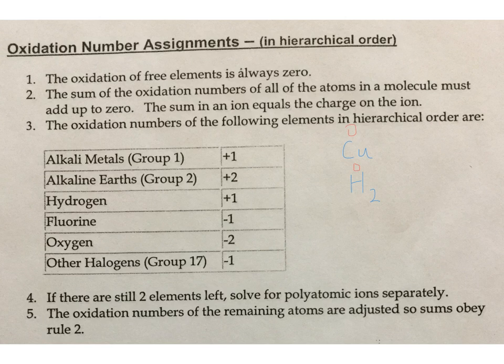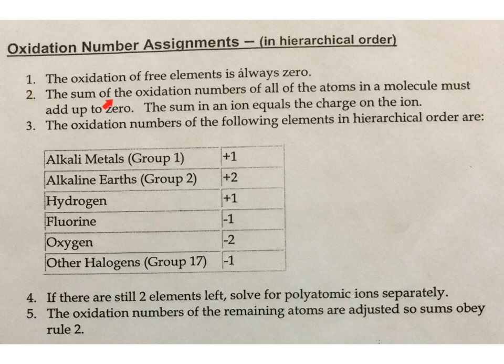As an extreme example, you could have sulfur, which likes to form in clusters of 8, and again, it's not bonded to anything other than itself, and so it also, as a free element, will have an oxidation number of 0. Now that we have the elements down for rule 1, let's move on to rule 2.